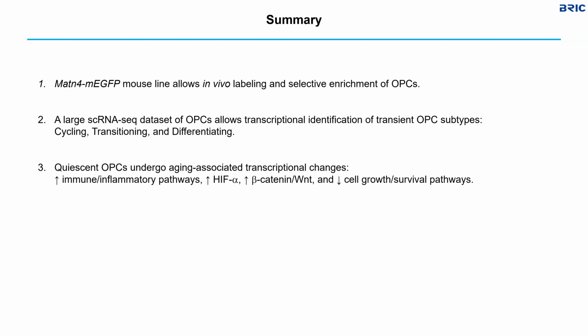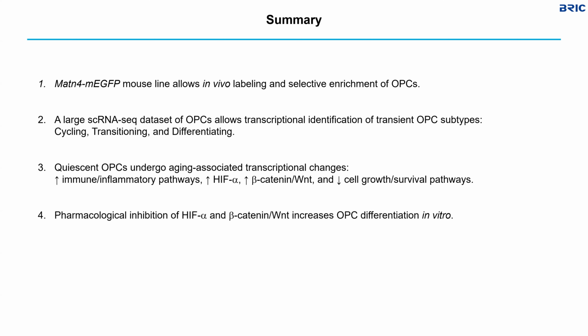I've shown you that quiescent OPCs seem to undergo large aging-associated transcriptional changes. Based on the Ingenuity Pathway Analysis, upstream regulator analysis, I've shown you that quiescent OPCs seem to have increased immune and inflammatory pathway activation, increased HIF-1 alpha and Wnt signaling activation, whereas the cell growth and survival pathway seems to be inactivated in quiescent OPCs with aging.